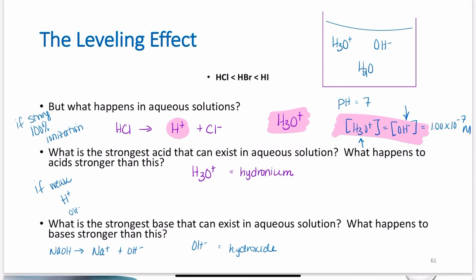The strongest acid that can actually exist in aqueous solution is just hydronium ion. The solution itself is more acidic because we have more of it, or a higher concentration of H3O plus as compared to neutral water.